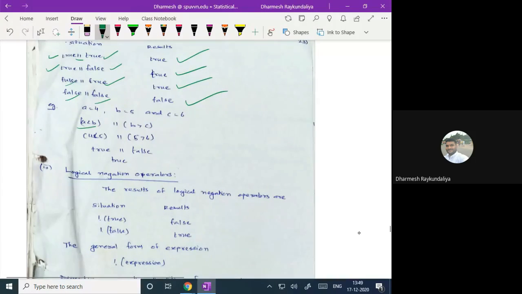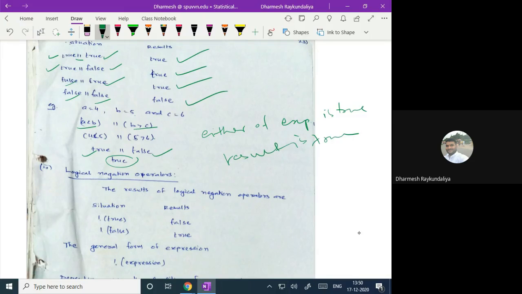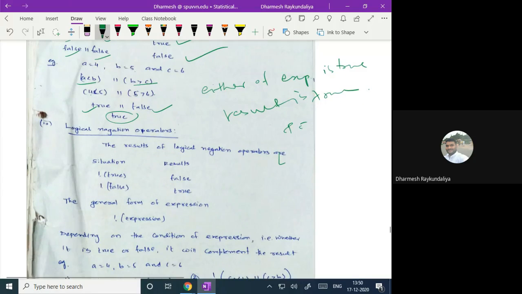A is less than B, B is greater than C, A is 4, B is 5. So 4 is less than 5, the result is true. 5 is greater than 6? No, the result is false, but the overall result is true. Why? Because we are using the logical OR. In logical OR, if either of the expressions is true, the result is true.